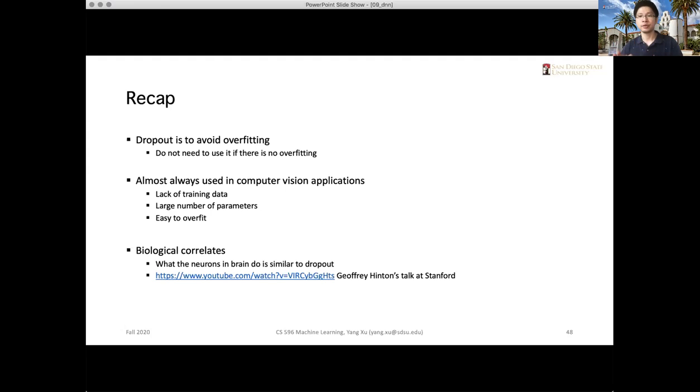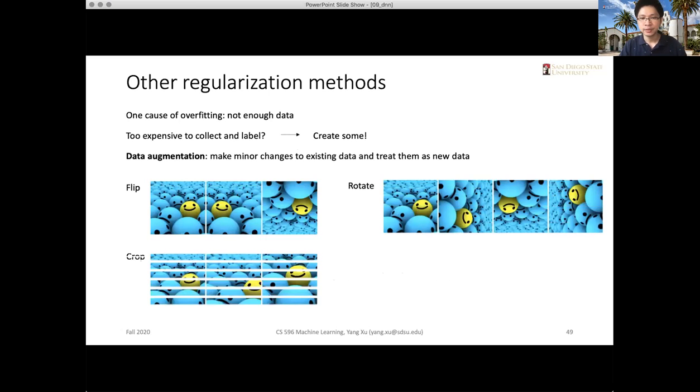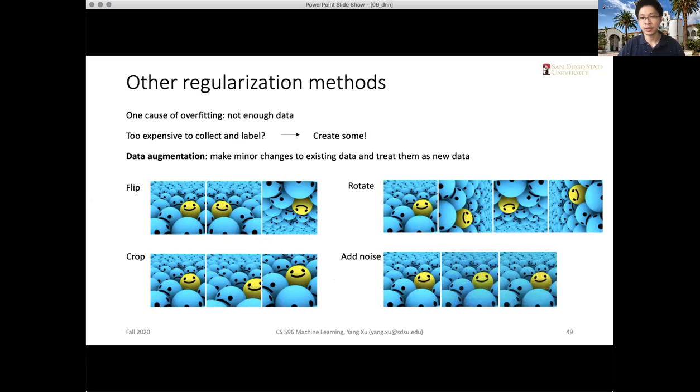That's something we want to avoid. So we introduced dropouts and L2 regularization as a regularization term or technique. Okay, so also, we mentioned that in CV tasks, we can enlarge the training data size as a different way of avoiding overfitting, which can also count as a regularization method.